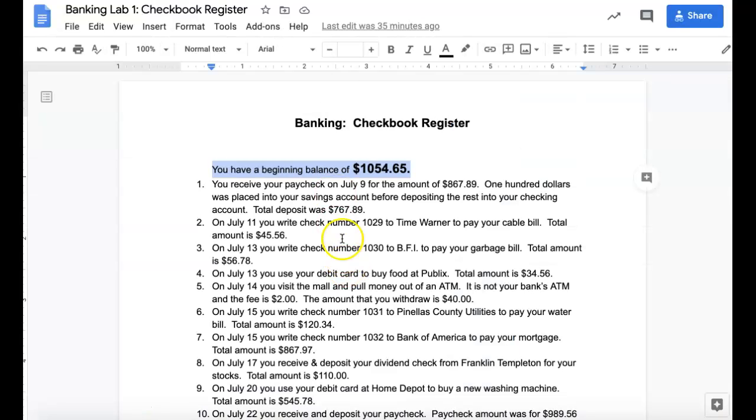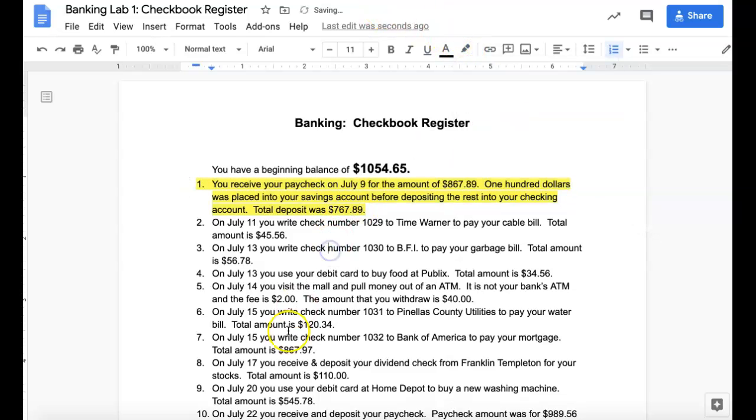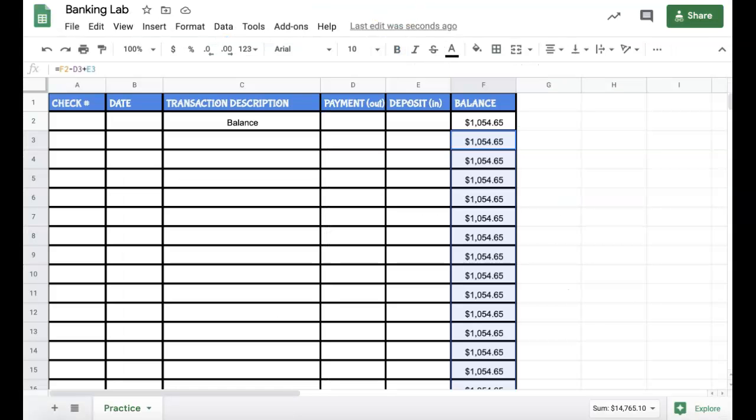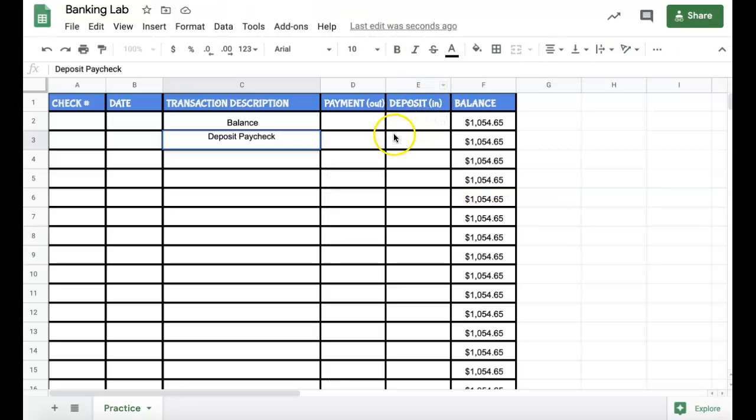So if we go back to our first actual transaction, I'll try to keep track of these as I go. You receive your paycheck. That's money coming in on July 9th for $867.89. So I'm going to deposit my paycheck in the amount of $867.89.